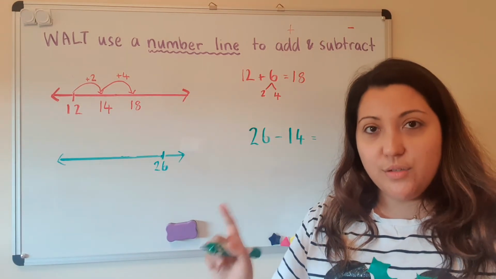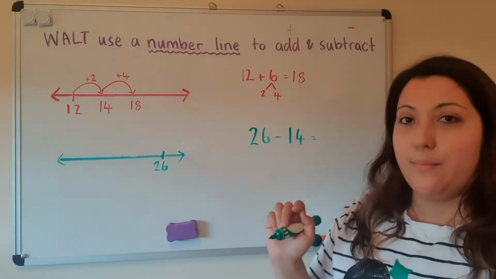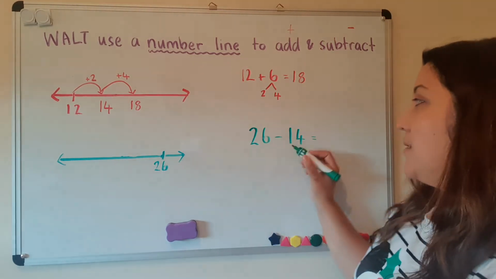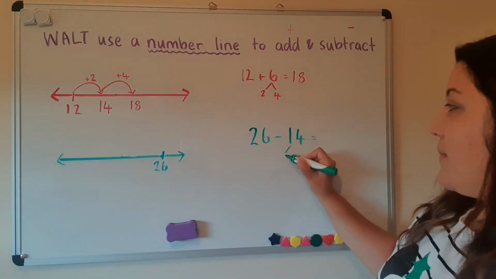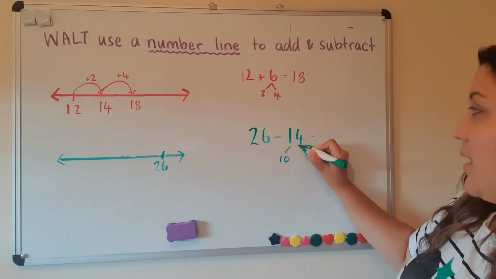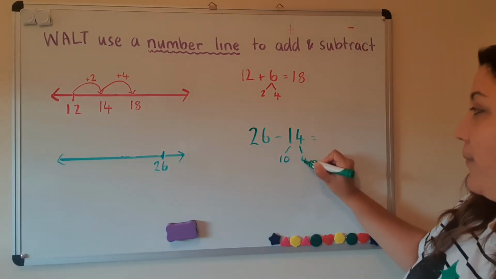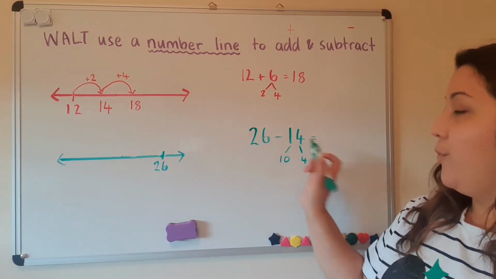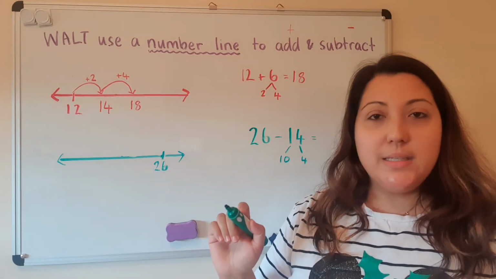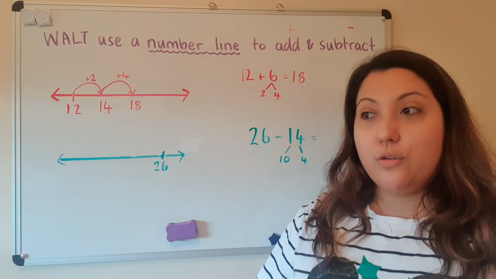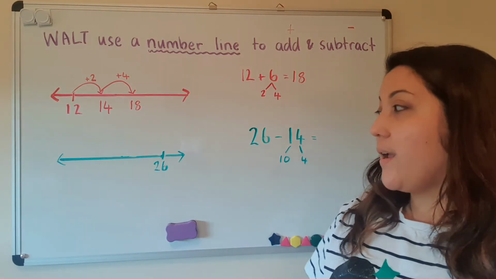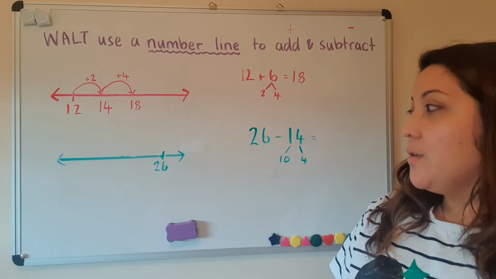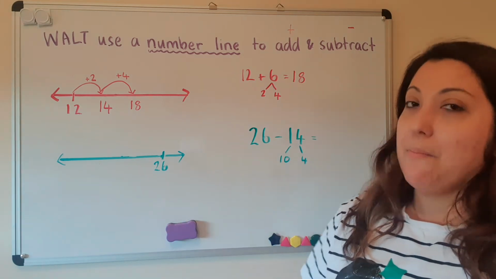And what I can do now is break up this number into the 10s and the 1s. So I know that this is made out of 10 and 4. So why don't I take away my 4 first? So 26 take away 4. You might already know your friends of numbers, otherwise you can count backwards.